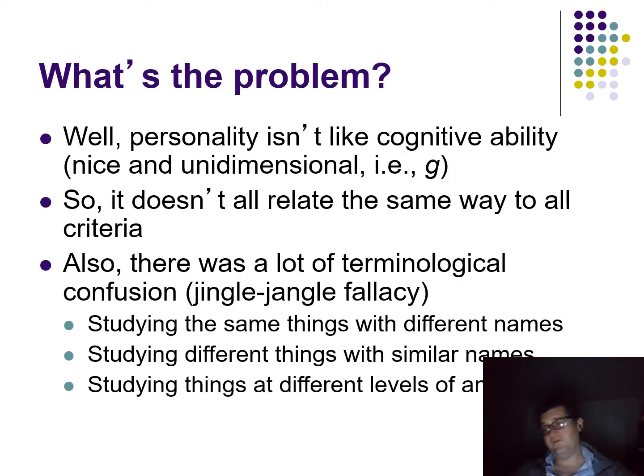The big thing here is that personality isn't a monolithic thing like cognitive ability was. The nice thing about cognitive ability is it all points the same way. All of the tests lump together into one thing, g, and in general, being higher on g is better. With personality, we have multiple dimensions, and they don't all point the same way for the same performance criteria.